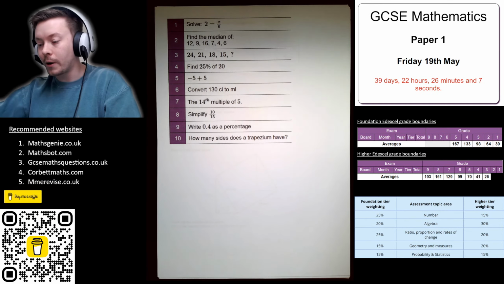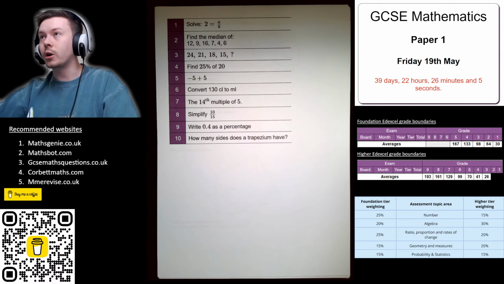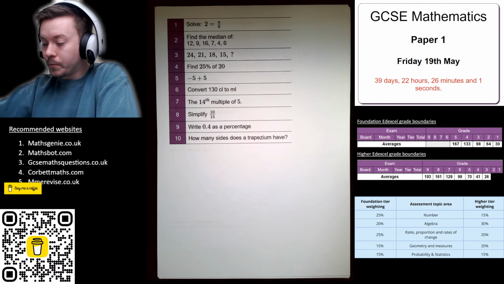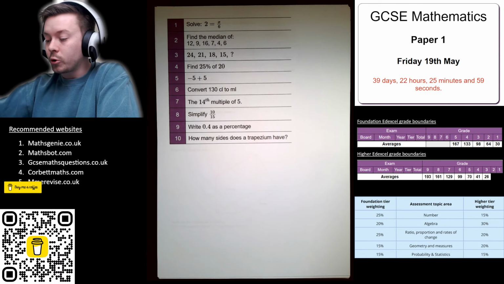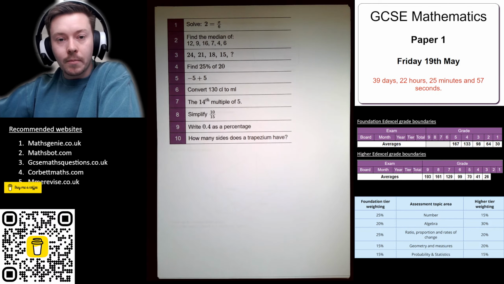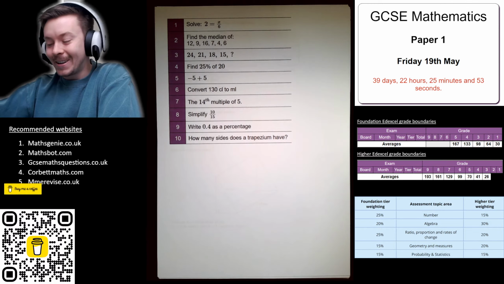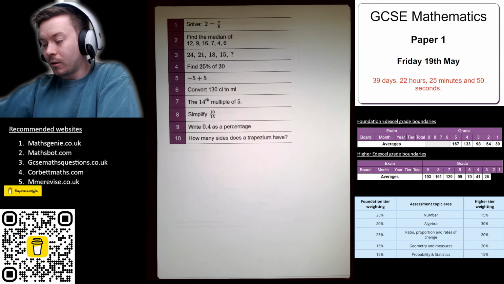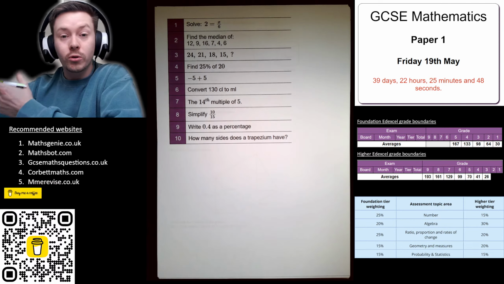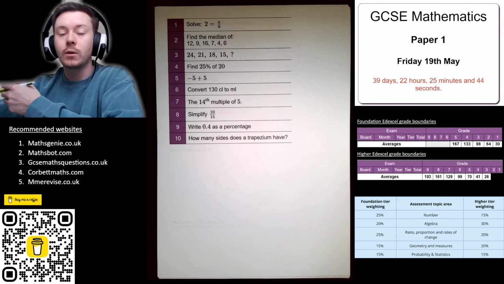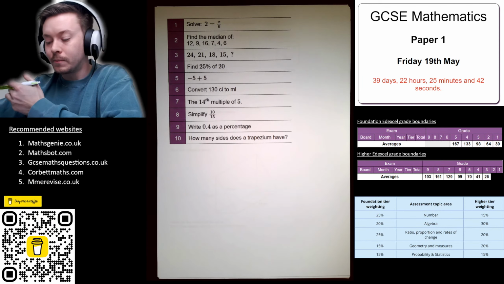Circumference and area of a circle, volume of a prism. There's quite a few shape related formulae on there. There's also all the trig stuff, so Pythagoras, trig, compound interest, probability, all of those things are on there.